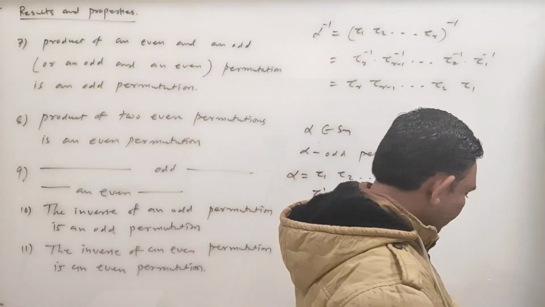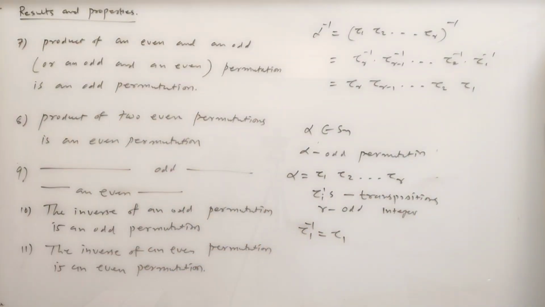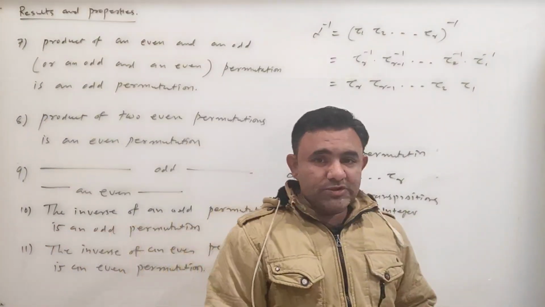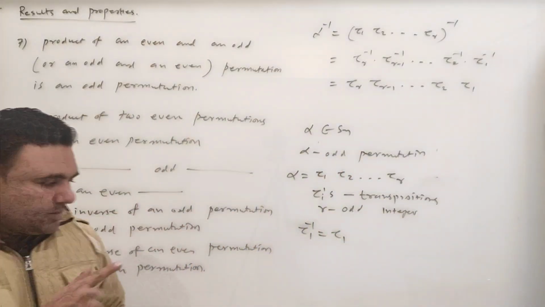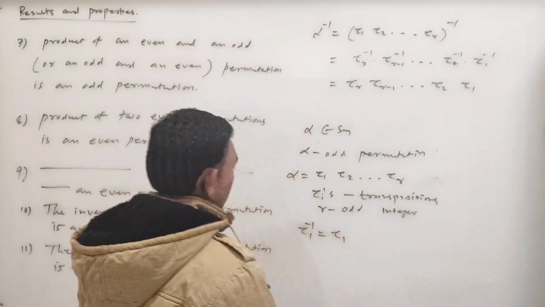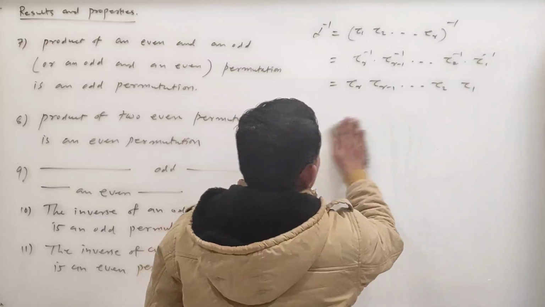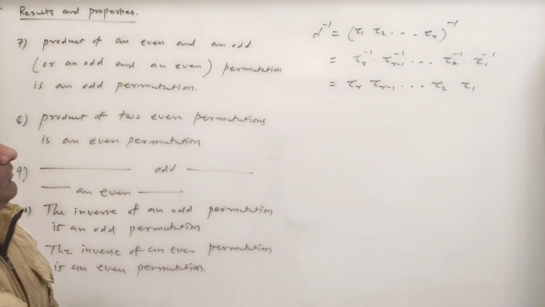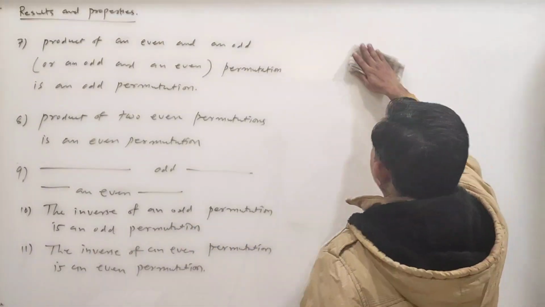Okay, so these are some results based on the nature of the permutation, whether it is an even permutation or an odd permutation. And there is a small terminology again regarding this even permutation and odd permutation. So let us quickly see and define it: the signature of the permutation.